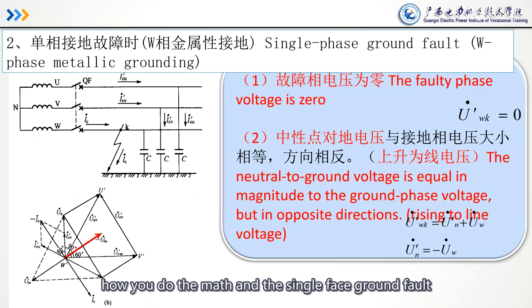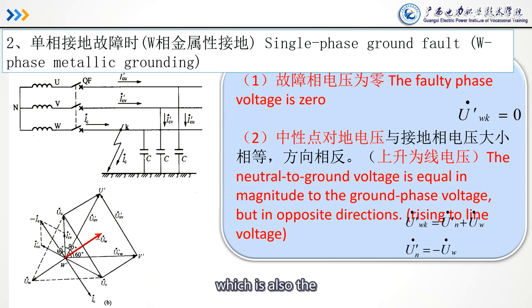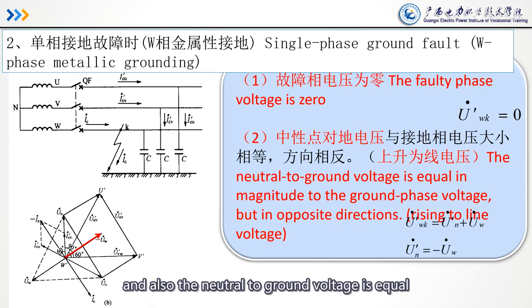And the single-phase ground fault, which is also called W phase metallic grounding. The faulty phase voltage is 0. The neutral-to-ground voltage is equal in magnitude to the phase voltage but in opposite direction, rising to phase voltage.